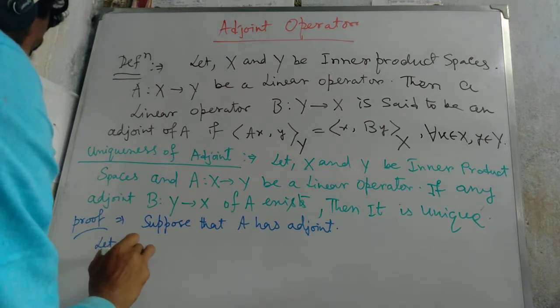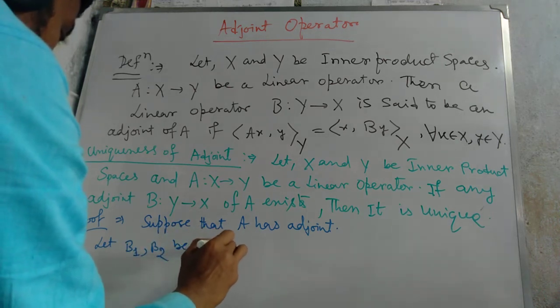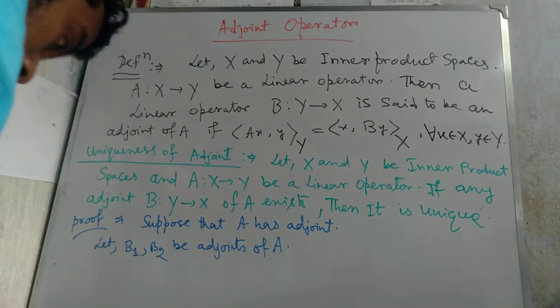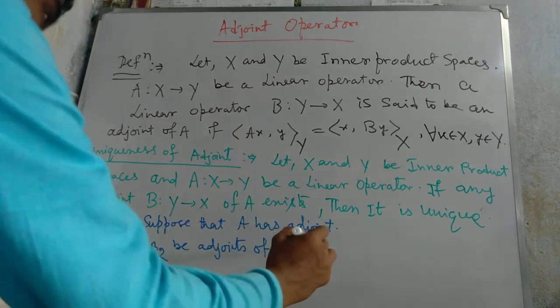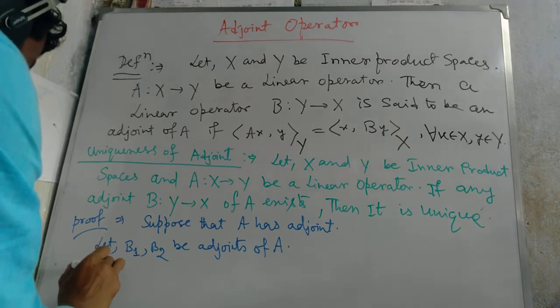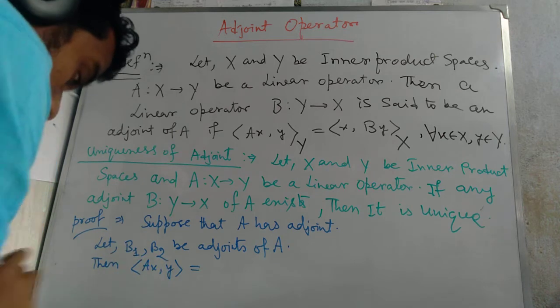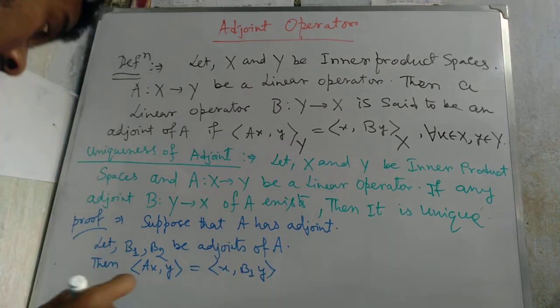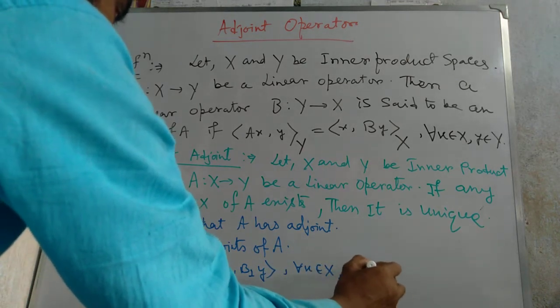Let B1, B2 be adjoints of A. Then what do we obtain? <Ax, y> equals <x, B1y> for all x belongs to X and y belongs to Y.